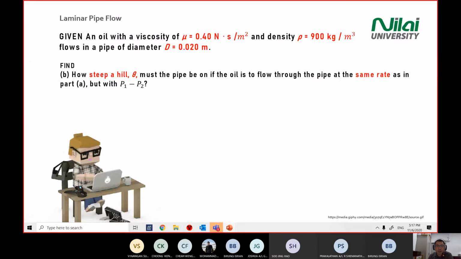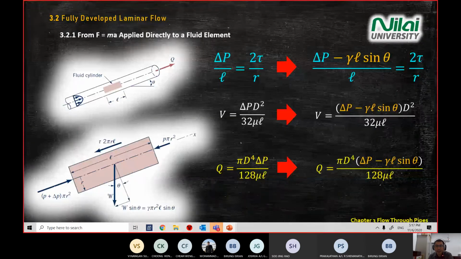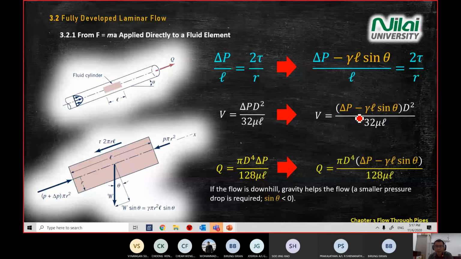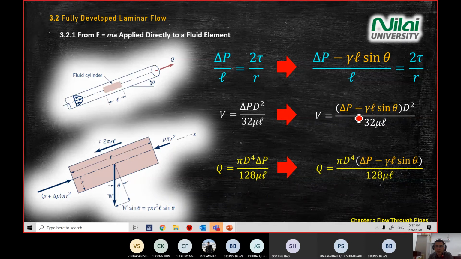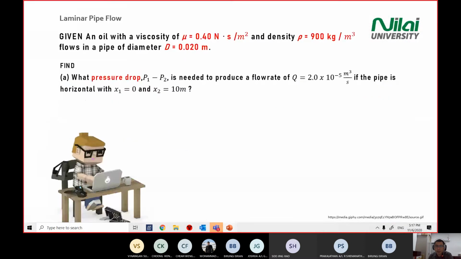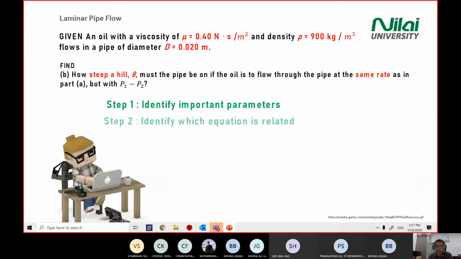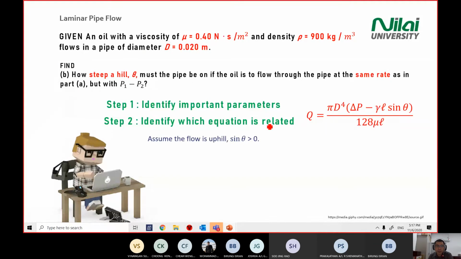B means we use the equation on the left-hand side, because we have an uphill. Since we have a steep hill, in this case, because the question does not tell you whether it's uphill or downhill, we assume it's uphill.